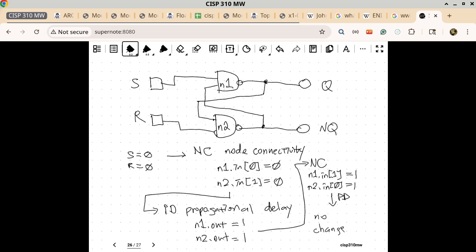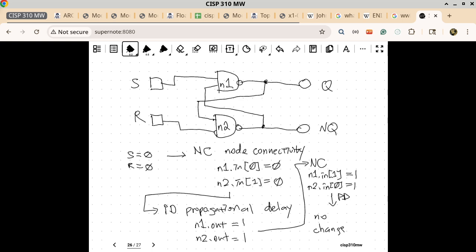Because at this point, this is still going to be a 0, and this is now a 1. 0 NAND 1 is still a 1 based on the truth table. On the other side, this is now a 1, this is still a 0, and 1 NAND 0 is still going to be a 1. But wait, that was the conclusion already.